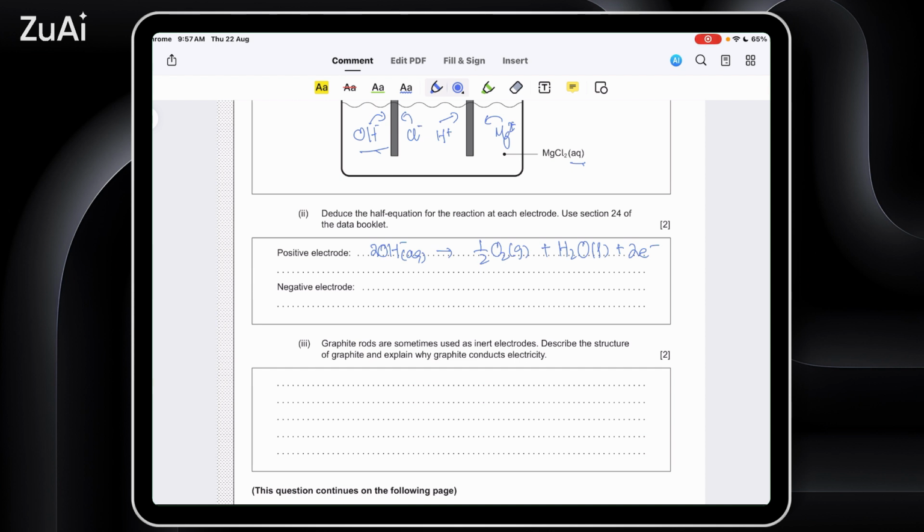That's the equation. Now hydrogen has higher electrode potential than magnesium. The species with the higher electrode potential always has greater tendency to move towards the cathode. So you have to write 2H+ aqueous plus 2 electrons to form hydrogen gas.